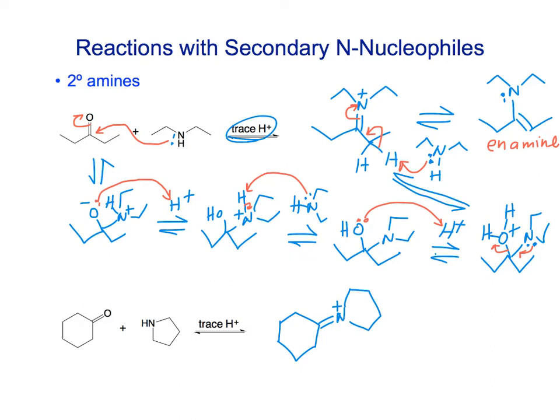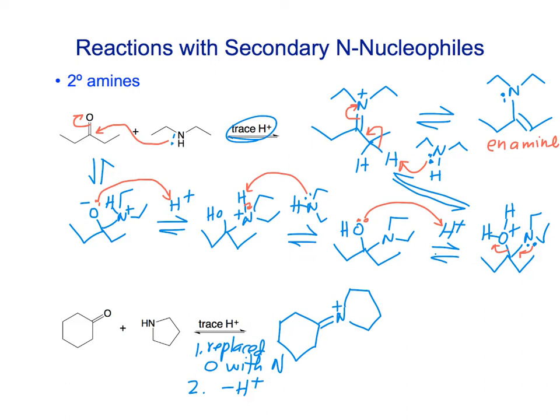So here we've replaced oxygen with the nitrogen, and we removed the proton that's on the nitrogen. So this isn't really the mechanism, but it's just a formal way to figure this out.